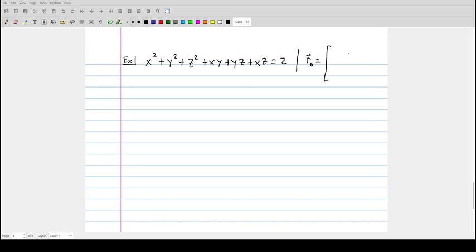We'll just pick the point 1 over the square root of 3 for x, 1 over the square root of 3 for y, and 1 over the square root of 3 for z. This is a point that satisfies this level surface equation, so it's on this level surface.